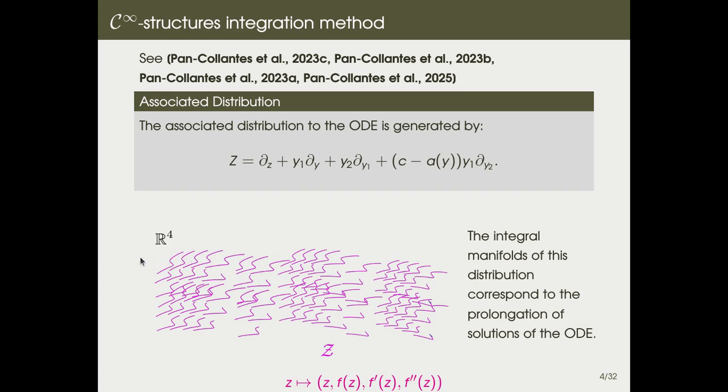For our purposes, it's nothing but R4, in such a way that the integral manifolds, or better said, the integral curves of this vector field, of this distribution, have the form (x, f, f prime, f second), where f is a solution of the ODE. So our goal would be to find an explicit parametrization of these integral curves, which is the same as finding the solutions of the ODE.